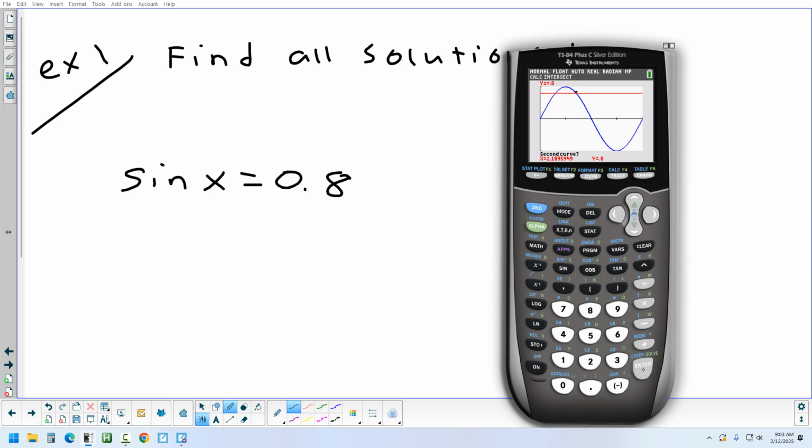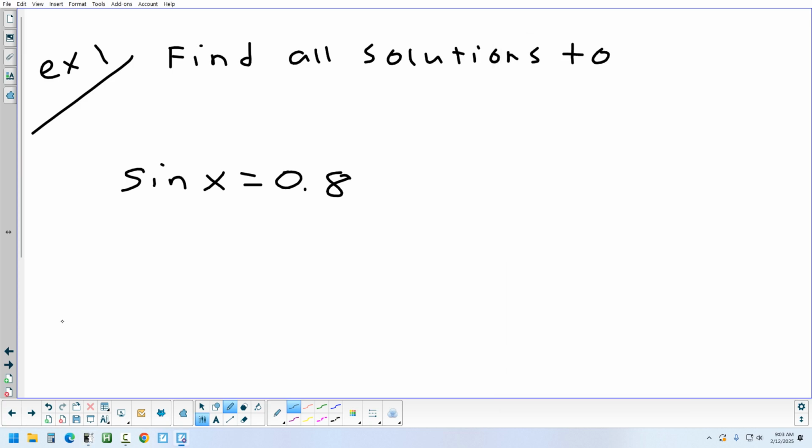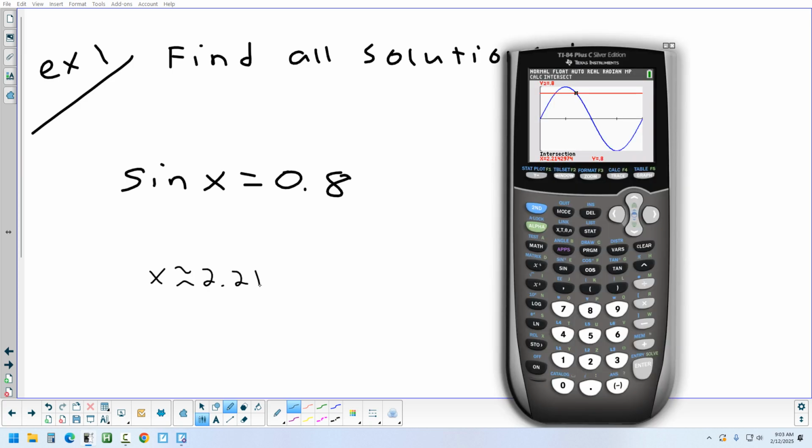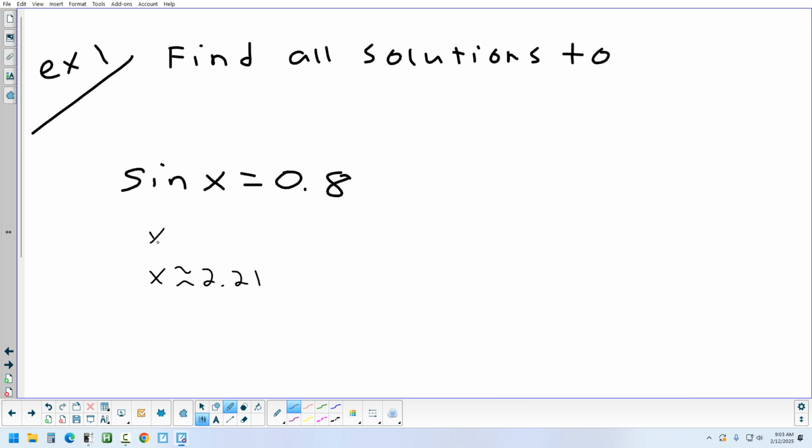I'm closer to that one, so I'm going to do the one on the right first. So 2.21. And the other answer is going to be second calc, intersect again. 0.93. And those are just the answers in the first positive cycle.